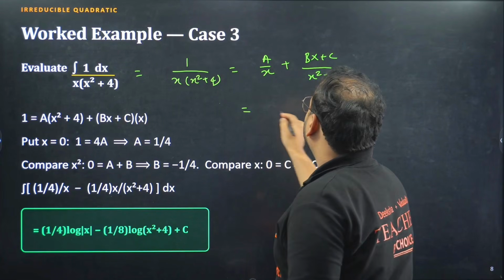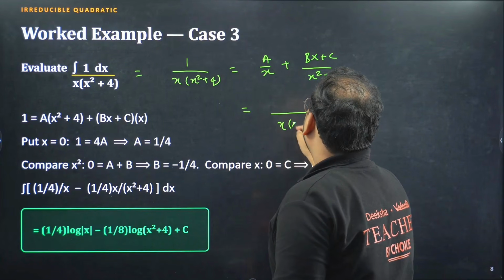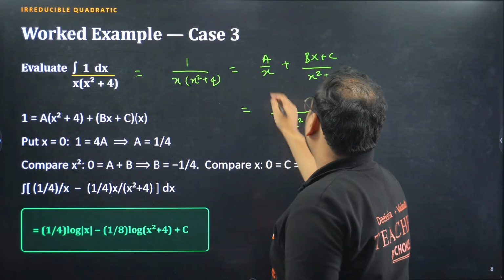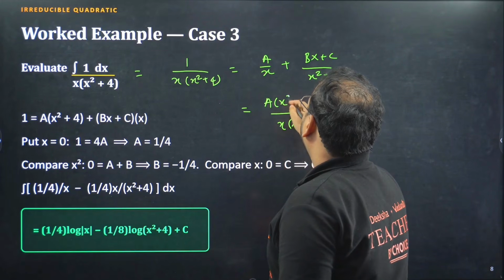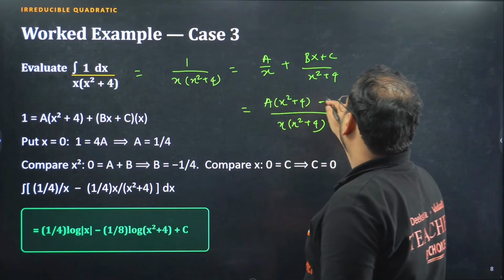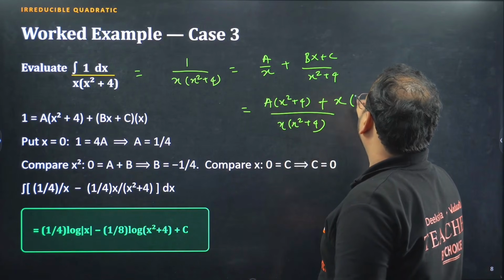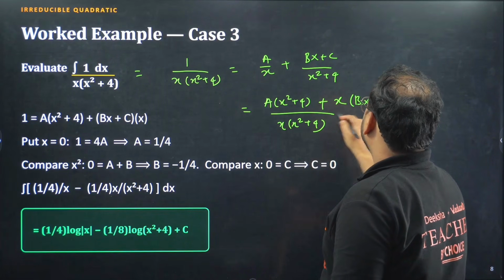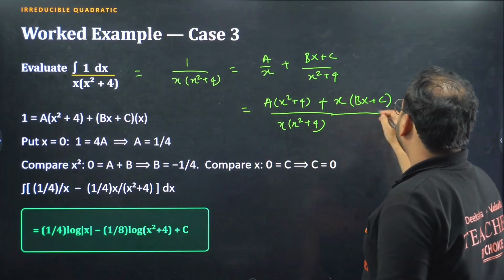Please simplify this. You'll have x times of x square plus 4 in the denominator. Over here you'll have a times of x square plus 4, and plus x times of bx plus c. Simplify this.